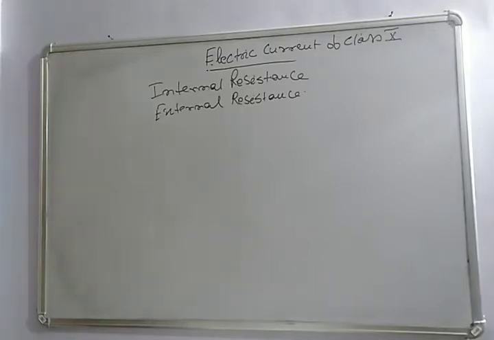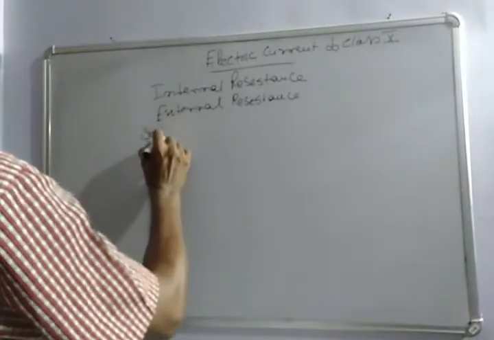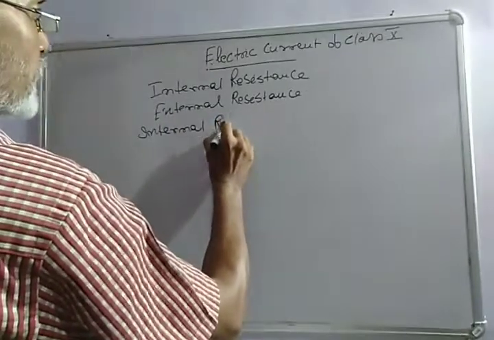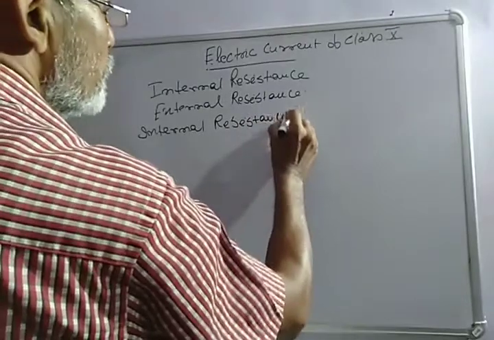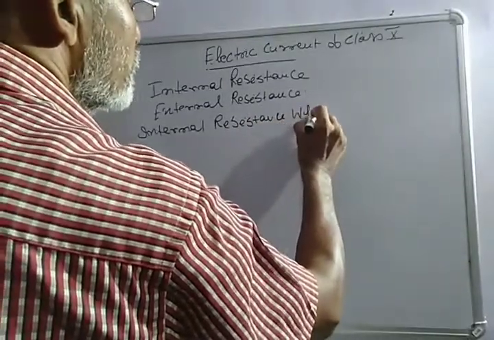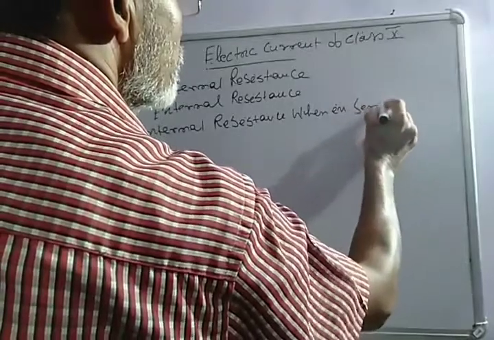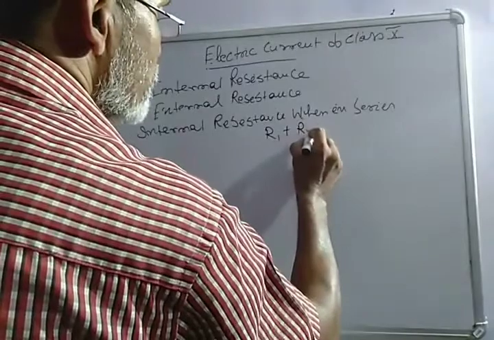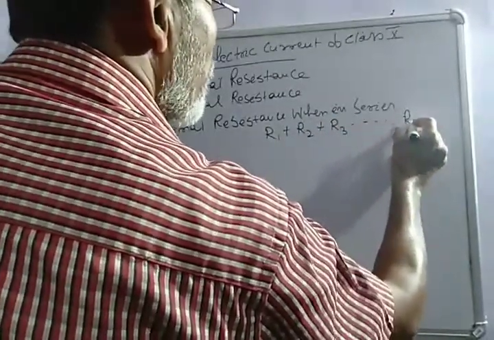So internal resistance when in series is equal to R1 plus R2 plus R3 and so on up to Rn.